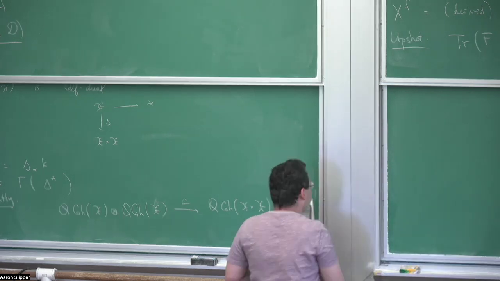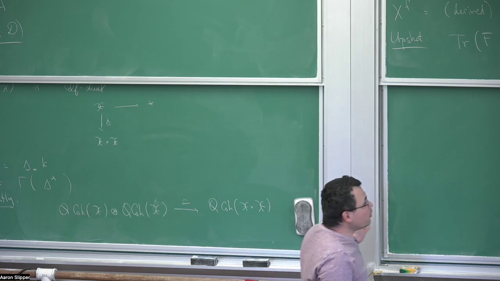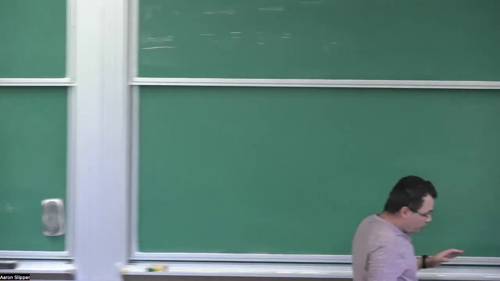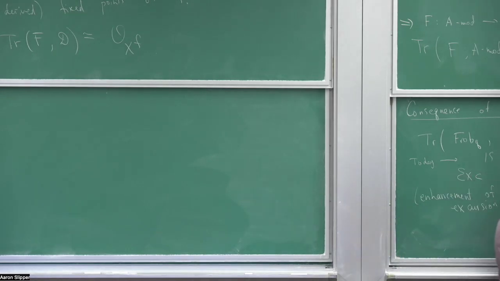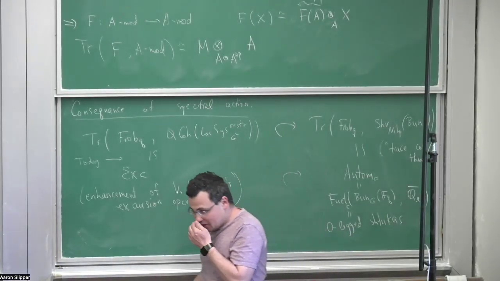So now, okay, let's apply this formula to our... well, I'm going to cheat and do this in the Betti setting rather than the restricted setting, but that's actually not so important.